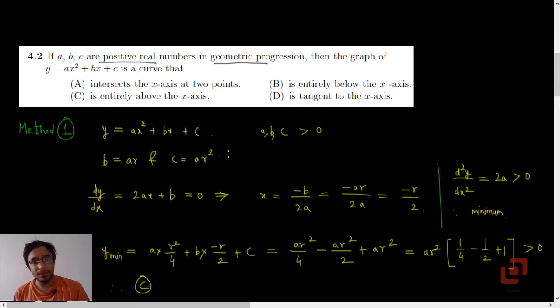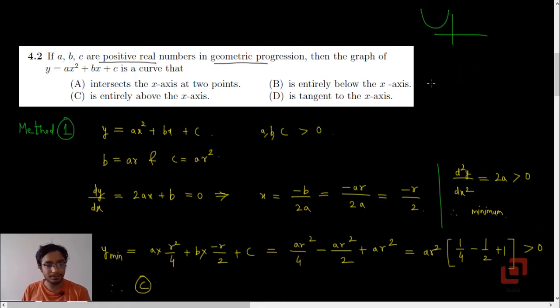Okay, now before we actually go to the solution, let's try to consider all four possibilities. We know that y equal to ax squared plus bx plus c will be a parabola, the graph of this. And what are the four possibilities? Possibility 1, it may not intersect the x-axis at all.